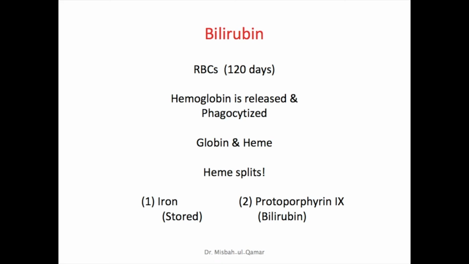Now, the heme ring is opened to give two things: free iron, which is stored as ferritin, while the other thing is protoporphyrin 9, which is converted to bilirubin.